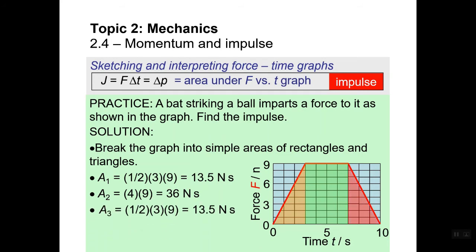The base is 3 and the height is 9, which gives 13.5 newton seconds. Then the rectangle is 4 times 9, which is 36 newton seconds. Lastly, we have a similar triangle, 1/2 times base 3 times height 9, which is 13.5 newton seconds. The total area equals A1 plus A2 plus A3, which gives us 63 newton seconds.